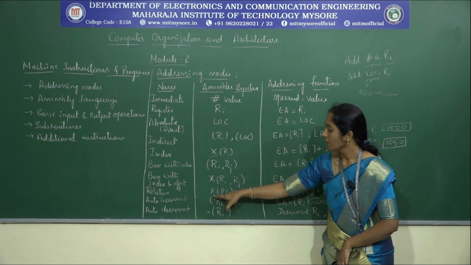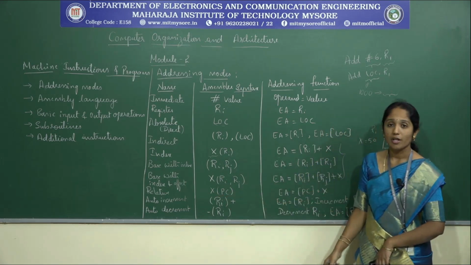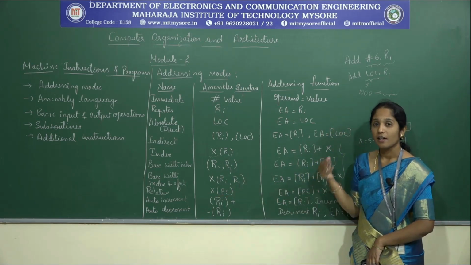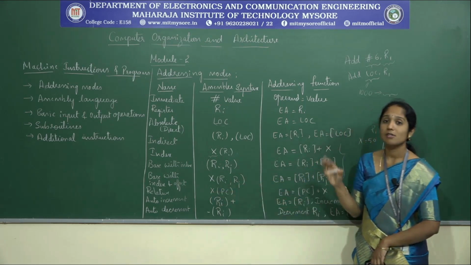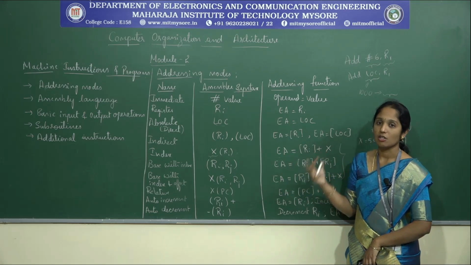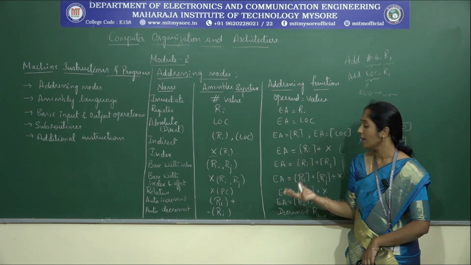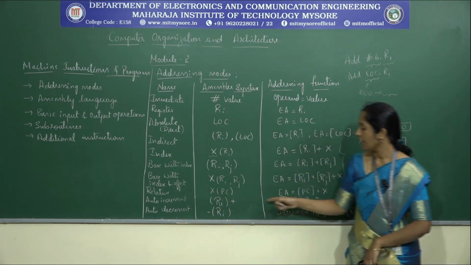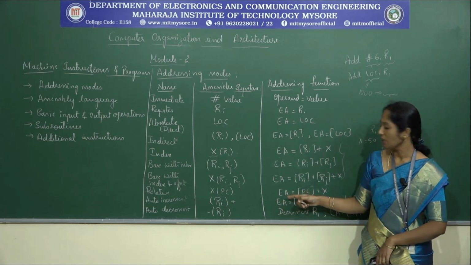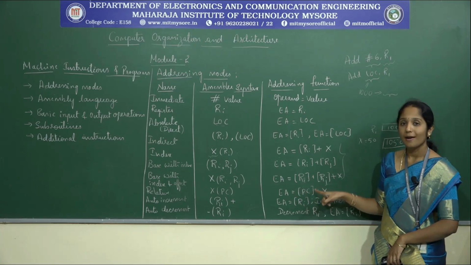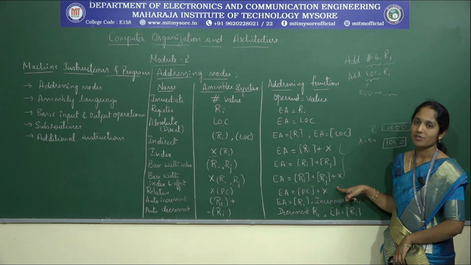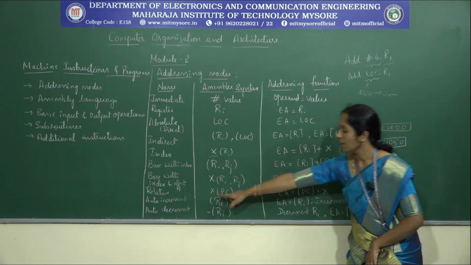If you are using the program counter as a relative register to find the address of the operand which is required, then we call such a type the relative addressing mode, and the effective address is equal to contents of PC plus the offset value which is explicitly mentioned here.